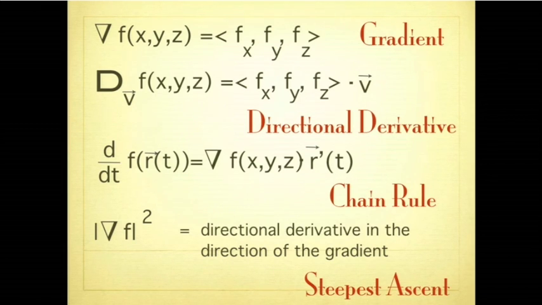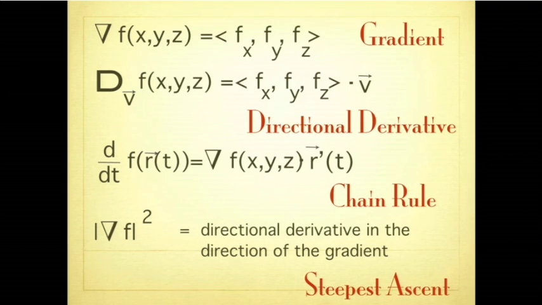We have the chain rule. This is always considered a difficult topic, but just remember that's the derivative here, that's the derivative. So it looks like the chain rule you know from single variable calculus. And then we have this very important fact, that the length of the gradient, actually this is no square, that's a mistake here, should not be a square.